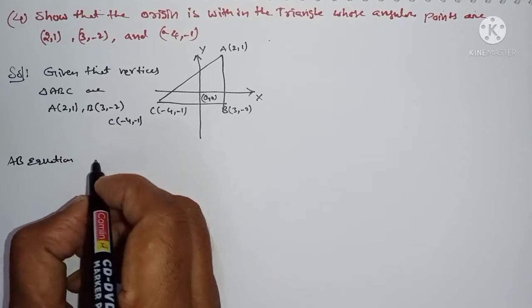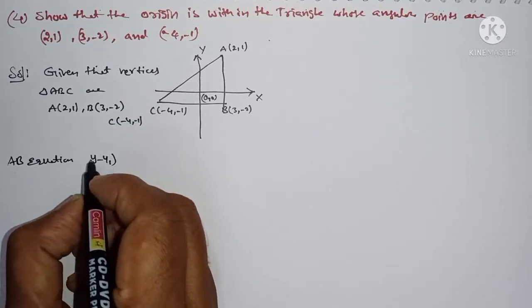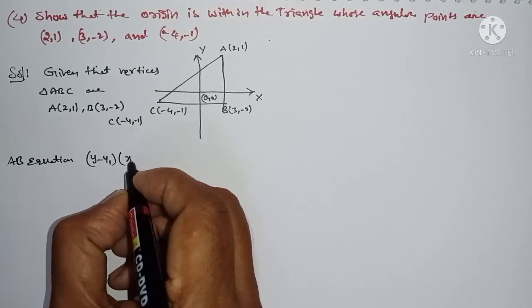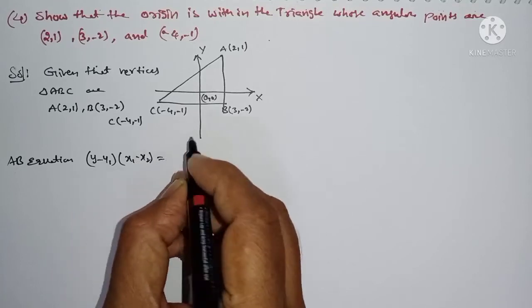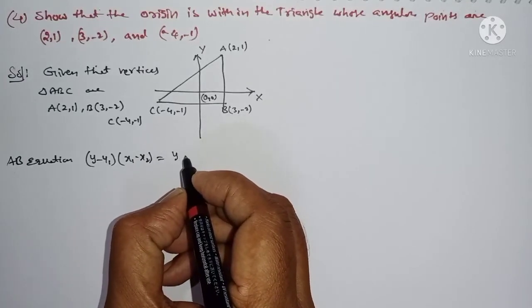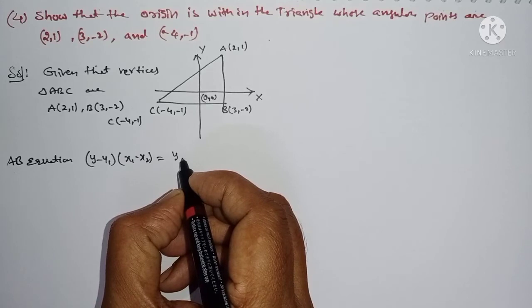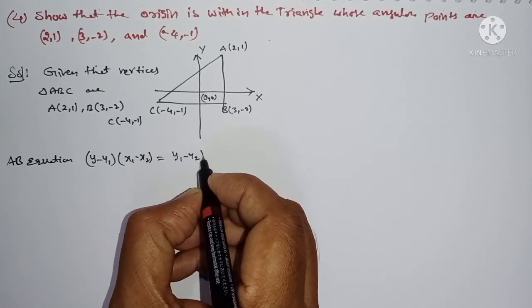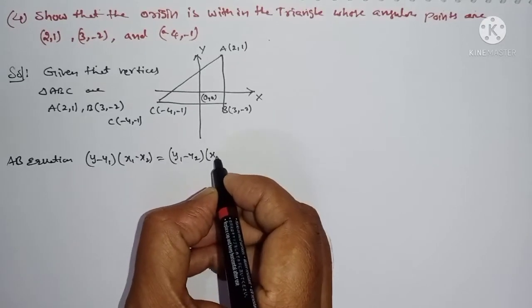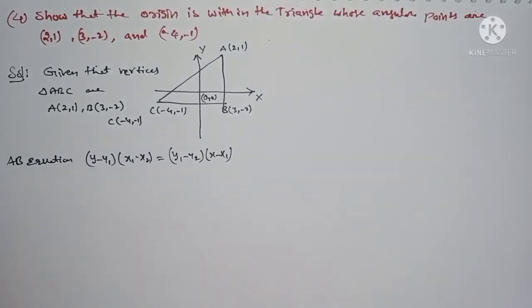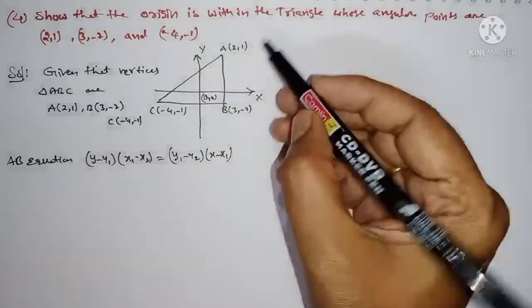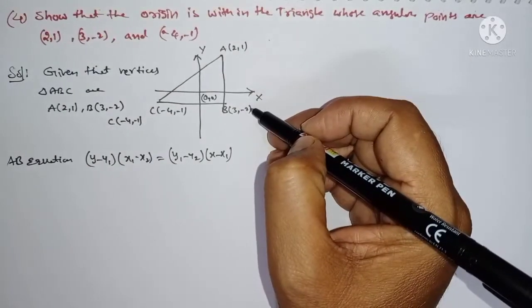What is the formula here? (y minus y1) into (x1 minus x2) is equal to (x minus x1) into (y1 minus y2). Therefore for AB you can take the two points 2 comma 1 and 3 comma minus 2.